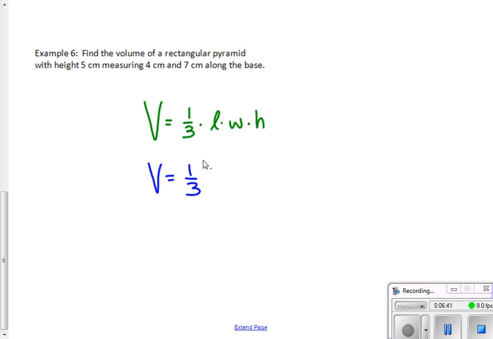So we'll have 4 by 7. And that height measures 5 centimeters. Again, we'll go ahead and round this answer to the nearest tenth, and we find out that the volume is approximately 46.7 centimeters cubed. This will conclude lesson 69, volume.